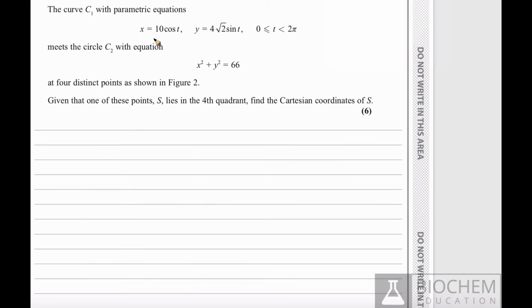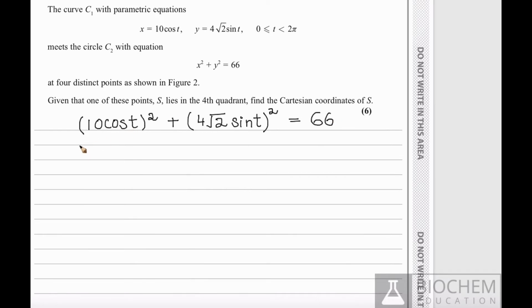So substituting the y and x parametric equations, we get (10 cos t) squared plus (4 root 2 sin t) squared is equal to 66.